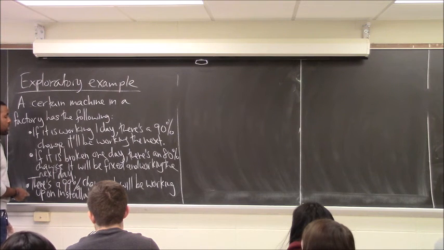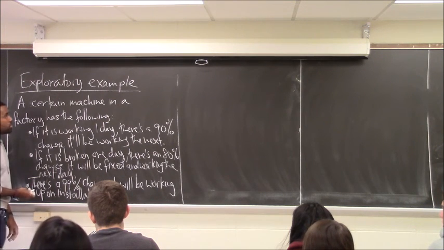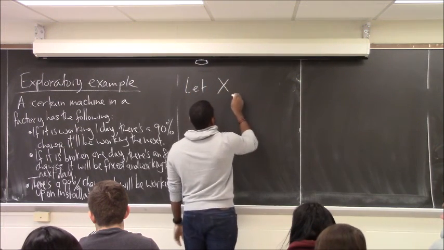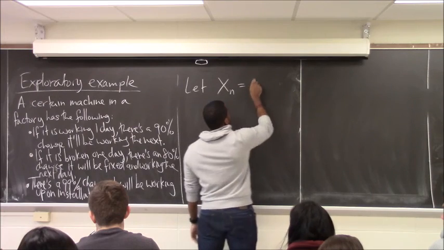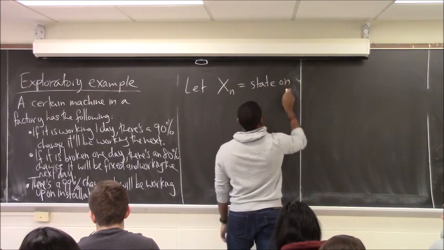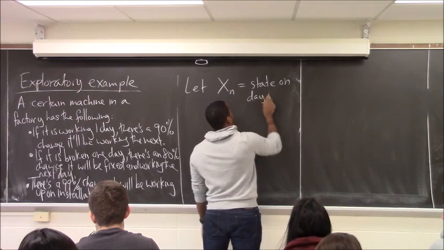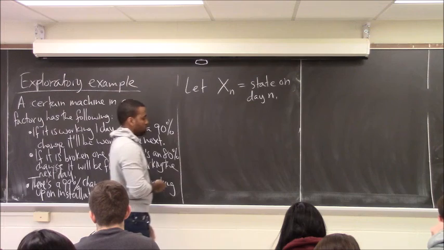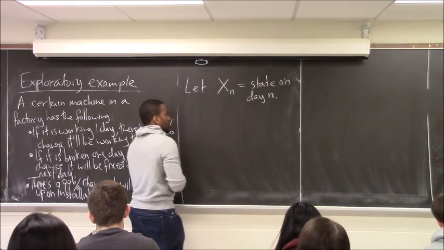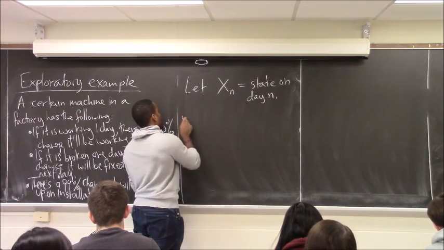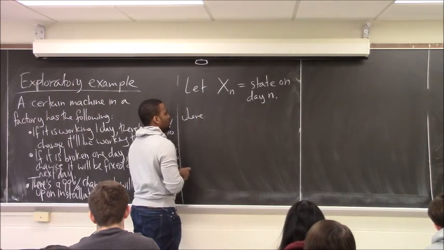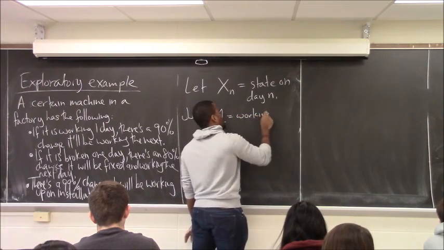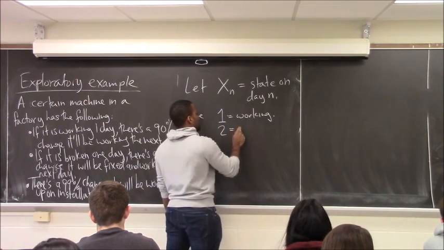How would we actually create a chain? Well, we would create a random variable. Let X_n equal the state on day n. Here's how I'm going to do the output. 1 means it's working. 2 means not working.